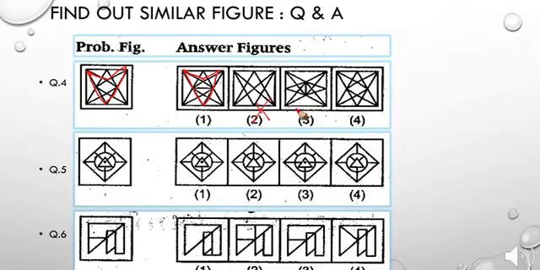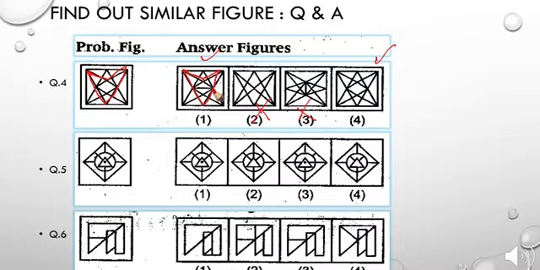In option 3 this star is again missing, not there, so we can reject this option. In option 4, this star is there, so we can accept this answer for the time being. So option 1 and option 4 could be the answer, and we are able to successfully reject two of the answers.